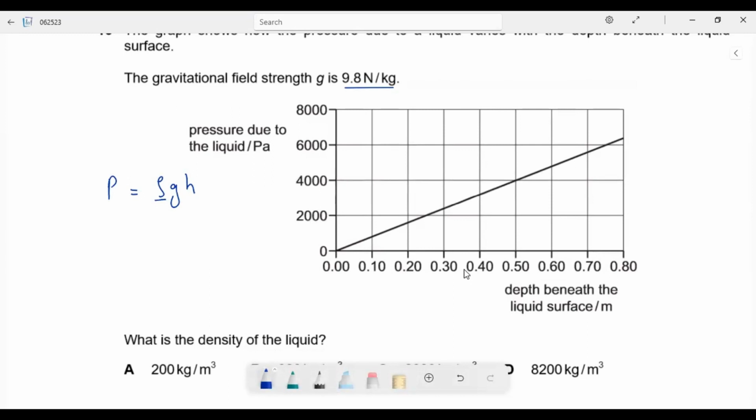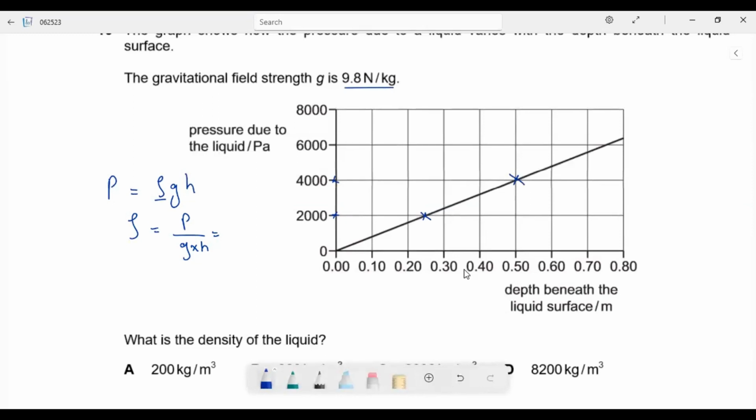We need to find rho, the density. So rho is equal to pressure divided by gravity times height. We can take the pressure from this graph. We can take either 2000 or 4000. I think it is easy to take 4000.